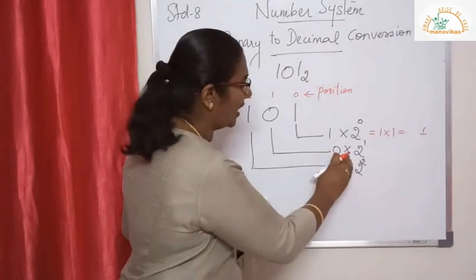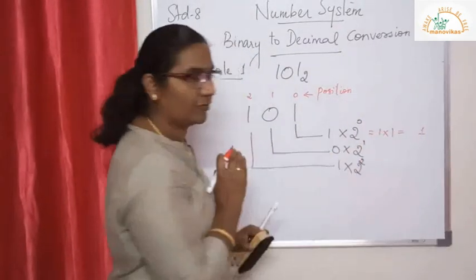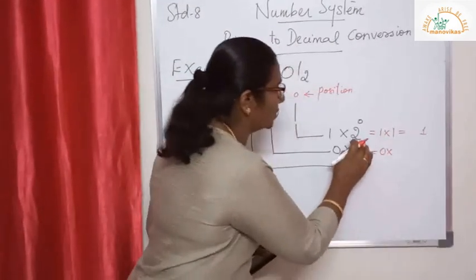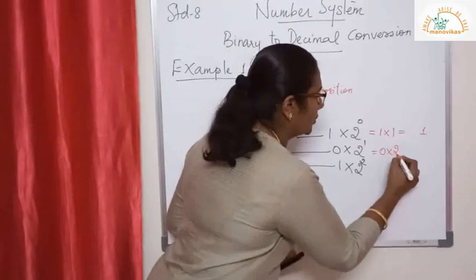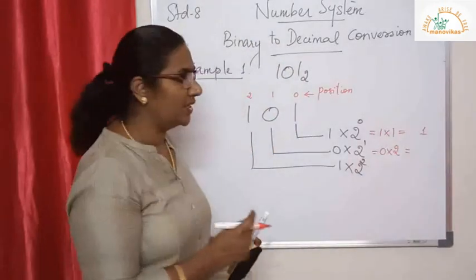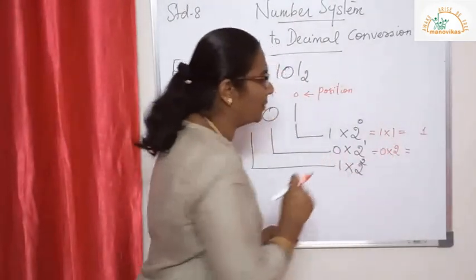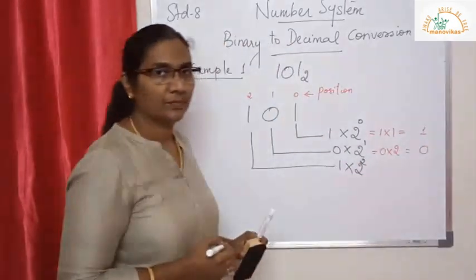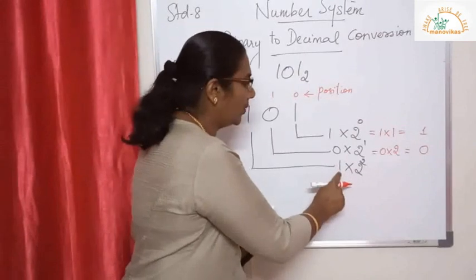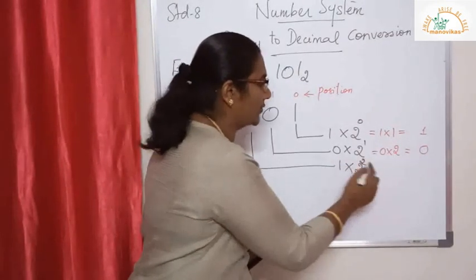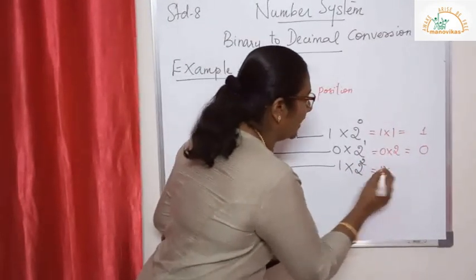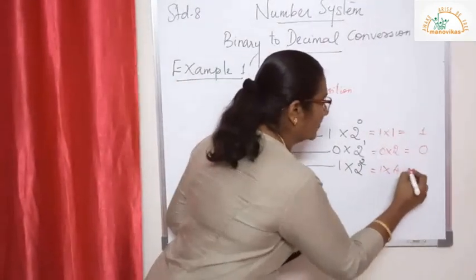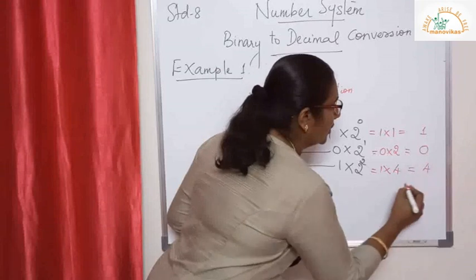Next is 0 multiplied by 2 to the power of 1. 0 multiplied by 2 to the power of 1 is 0, and it is simple mathematics: 0 multiplied by anything will give you the result 0. Next is 1 multiplied by 2 to the power of 2. That is 1 multiplied by 4, which is equal to 4.